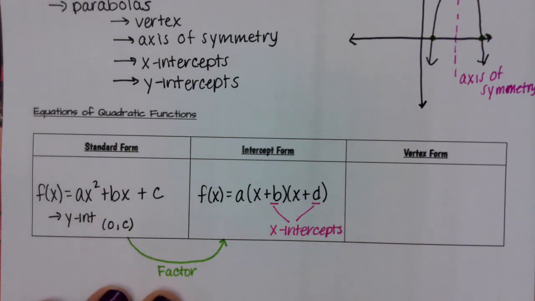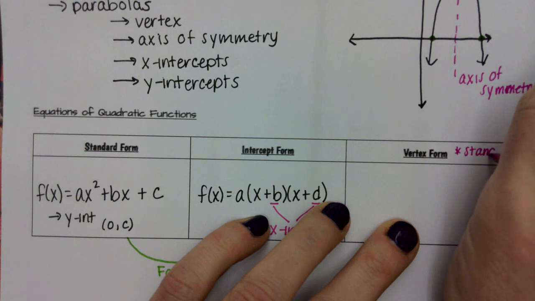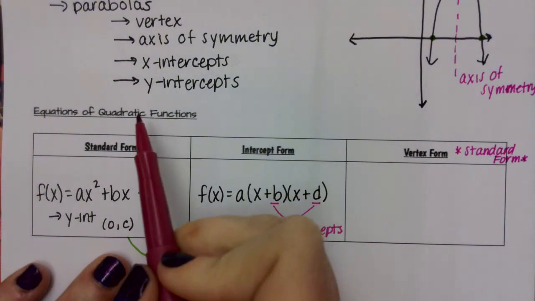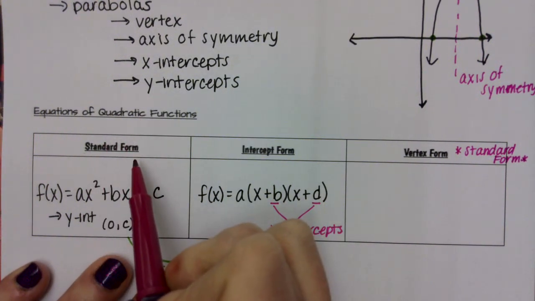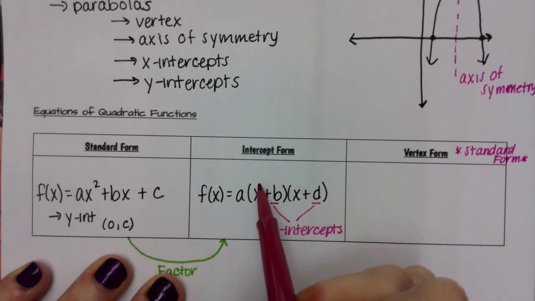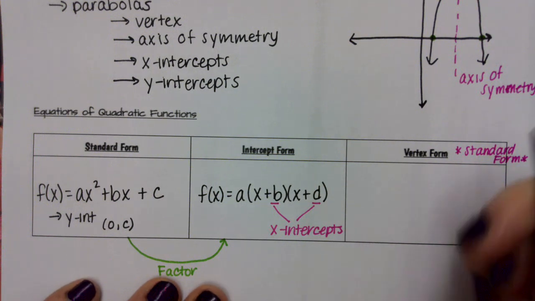Okay? Our last form, and please make note of this because this is weird. Your book calls this standard form. Don't ask why, I don't really know. This is what you learned as standard form in Algebra 1. Okay, you have seen these two forms before. This form is the form that we're looking at right now.